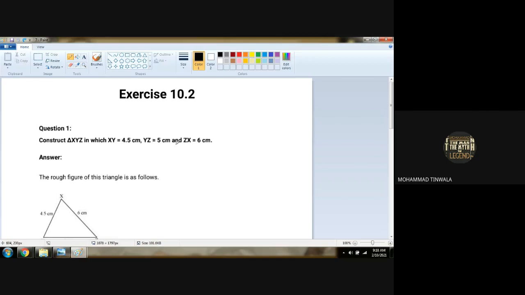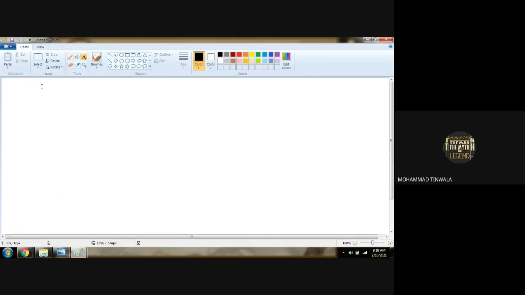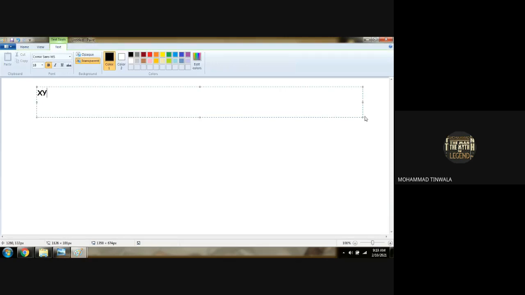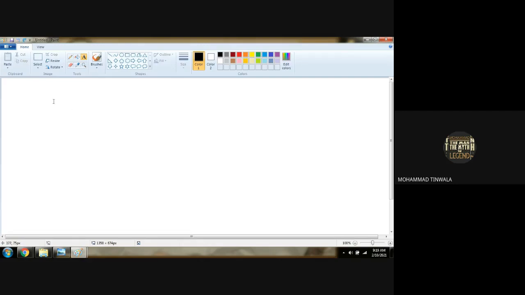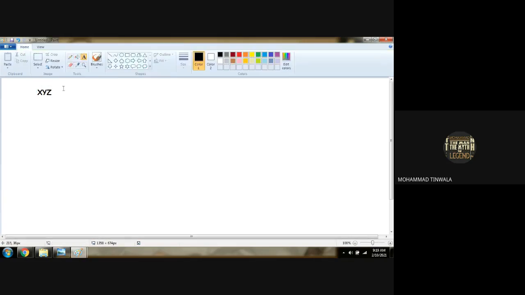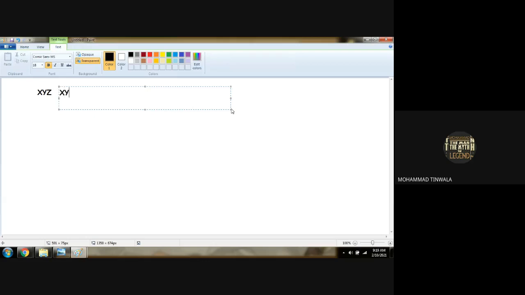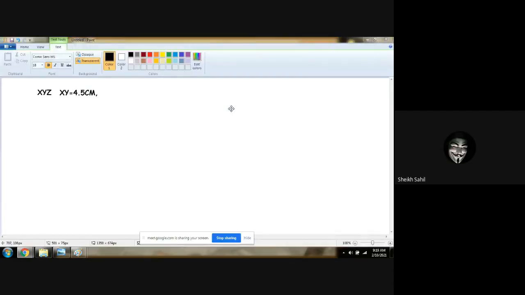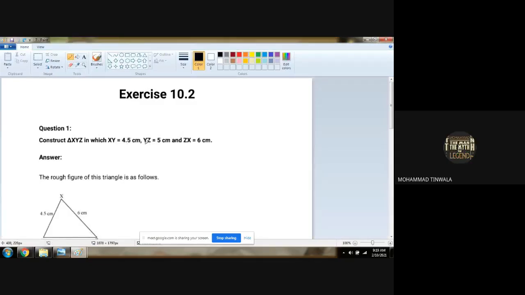So in the question, we have to draw triangle XYZ in which XY is 4.5 centimeter and YZ is equal to 5 centimeter.